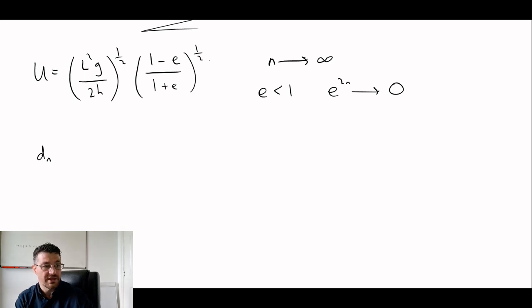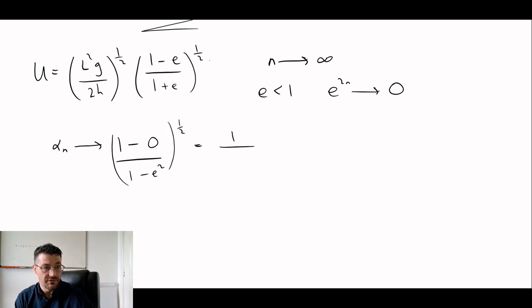Well, in fact, before we do that, let's have a look at what happens to alpha_n. So alpha_n, as n approaches infinity, is going to approach (1 minus 0 over 1 minus e squared) to the half, which is what? 1 over the square root of 1 minus e squared.